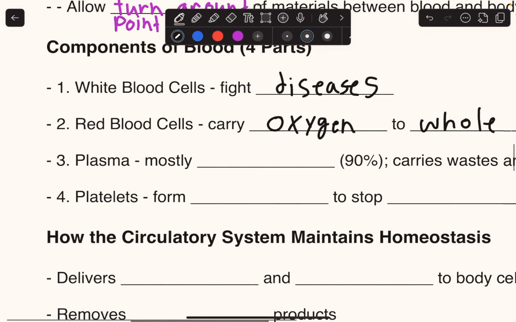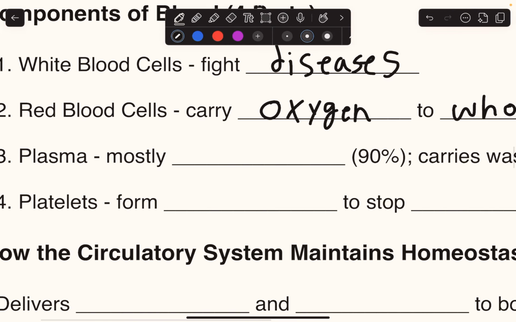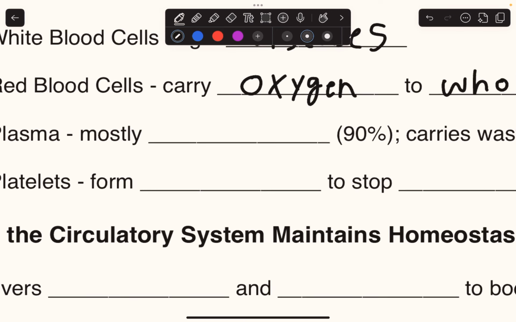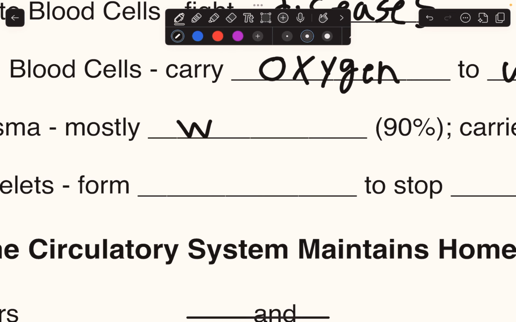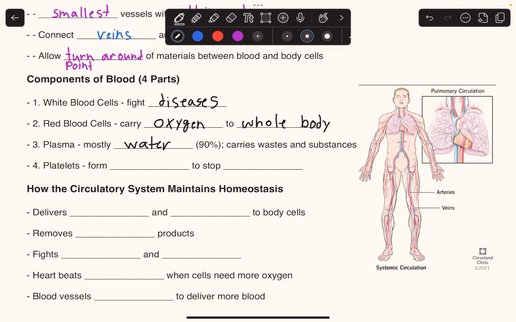Plasma. This is not as popular. Not a lot of people know of this. Plasma is mostly just water, 90% water. It carries important substances and waste to where they need to be taken.